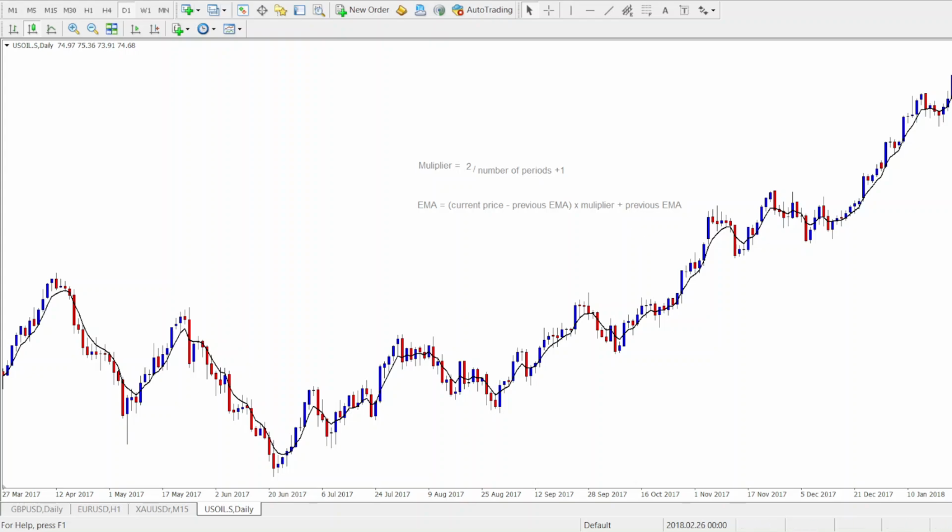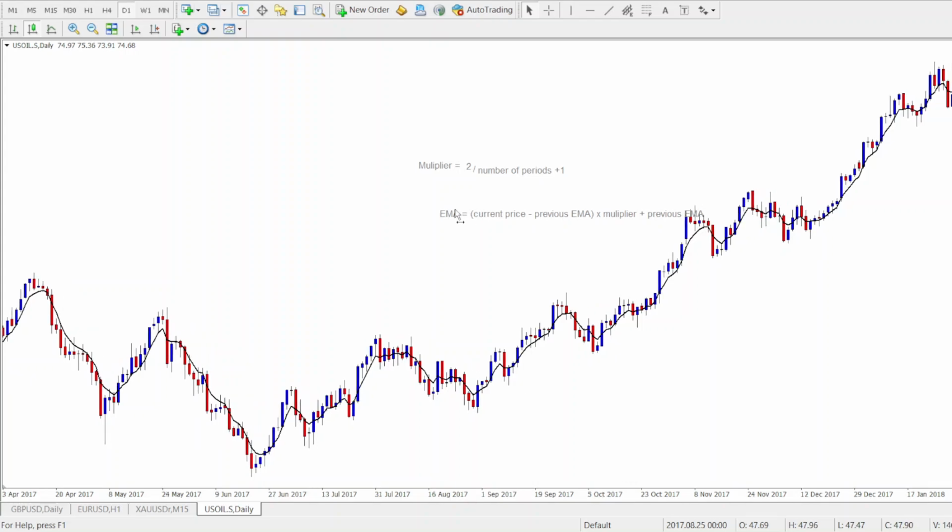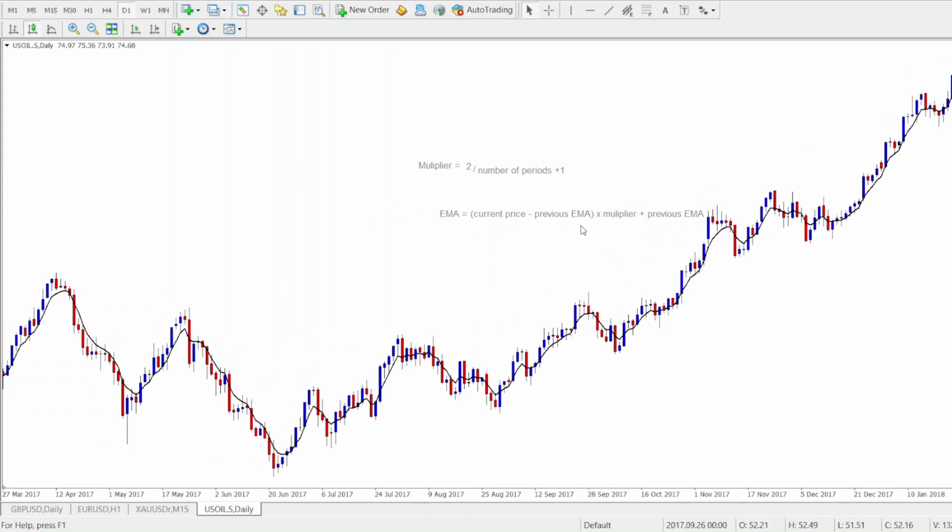Now the current price is from day 6 and the previous EMA is the day 5 value. Remember, it's a 5-day period calculation, so the current price is from day 6 because the previous 5 days were used. Let us assume that the day 6 closing price is $56. Just an assumption. You plug it into the formula to get the updated EMA.